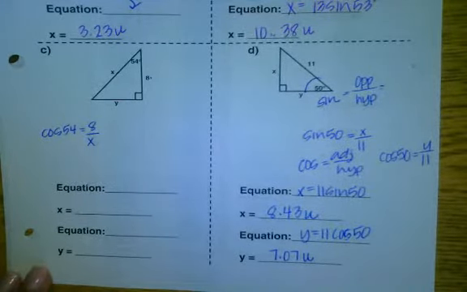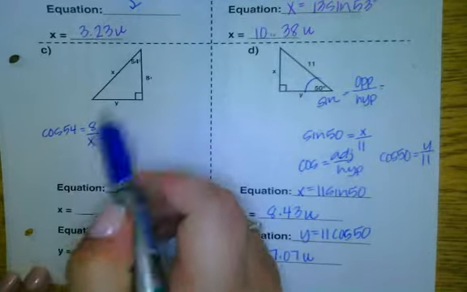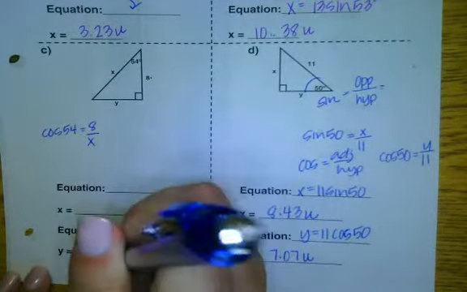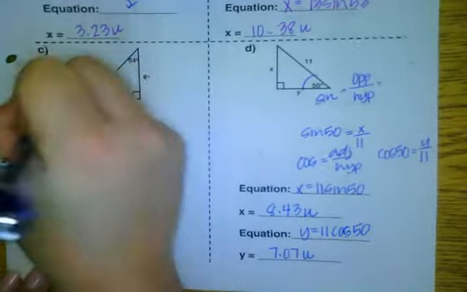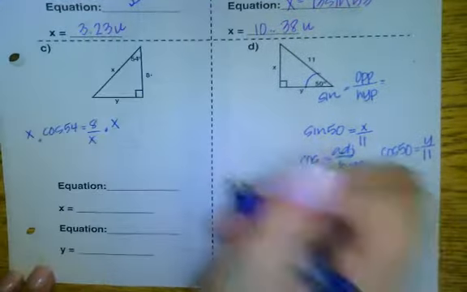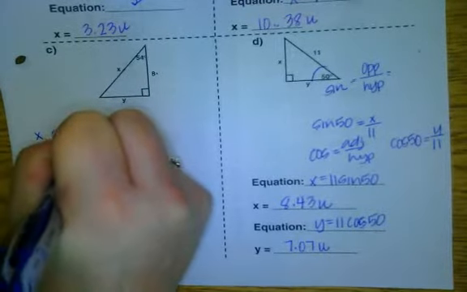In order to get x out of the denominator, I need to multiply by what? X. So now I have x cosine 54 degrees equals 8. X is still not alone, so now what do you do?